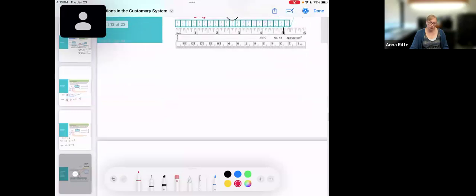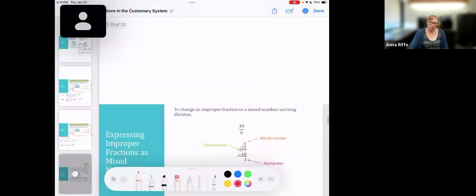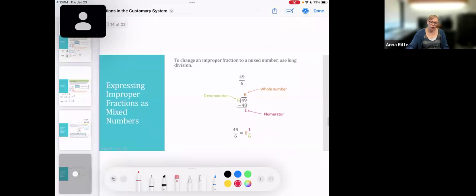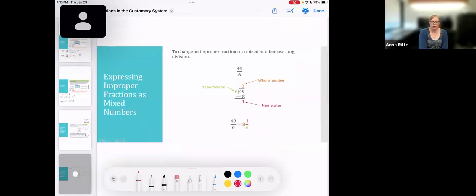What about the reverse? Let's talk about the other direction. If you want to change an improper fraction to a mixed number, you can use long division. 49/6, that fraction line is just another way to write division. So this means 49 divided by 6. You can interpret it like that.